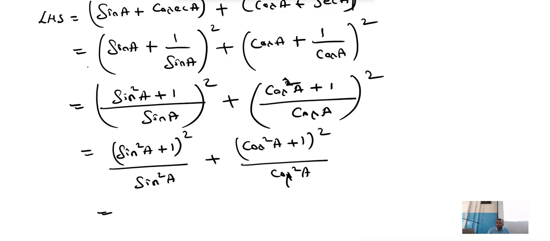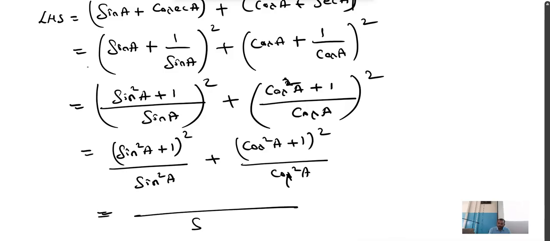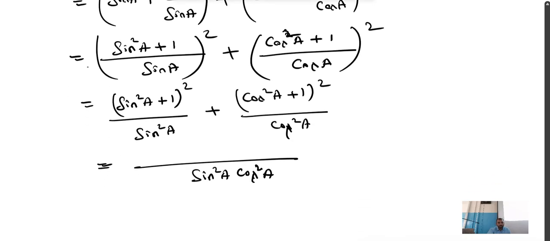Shall we do like this or shall we take LCM? Both we can do. Which do you want? LCM. Okay. What is LCM? Sin square A into cos square A is the LCM. Entire term.